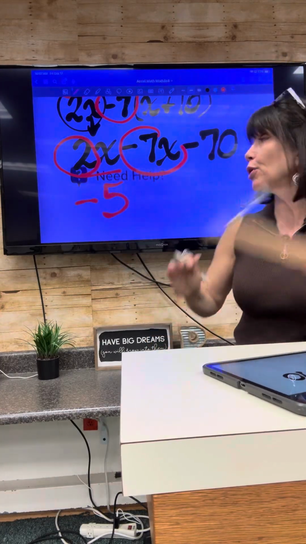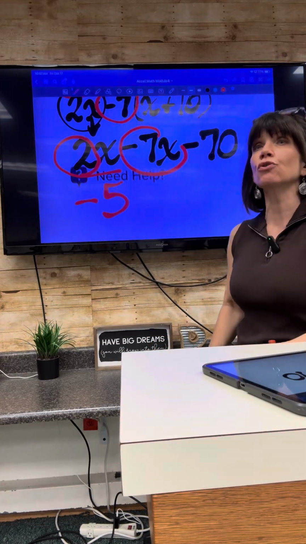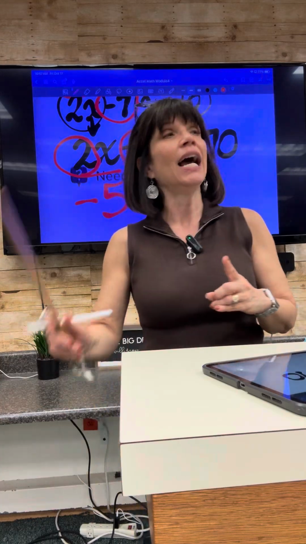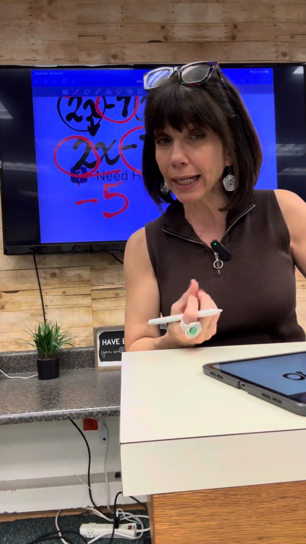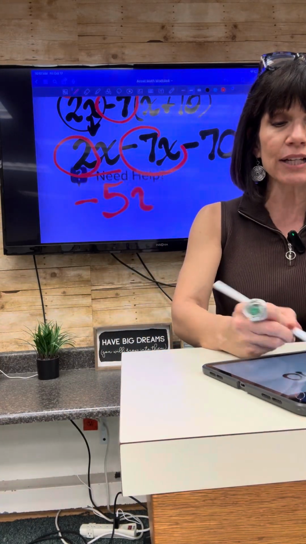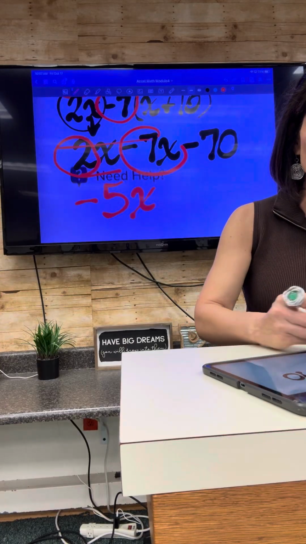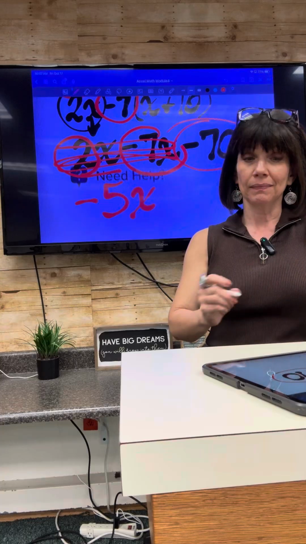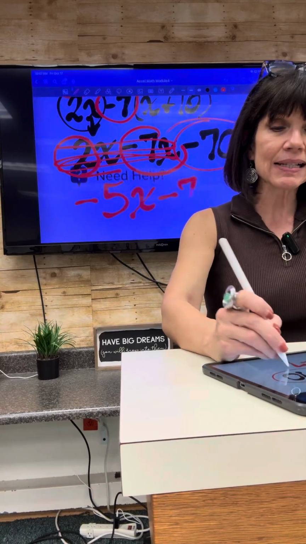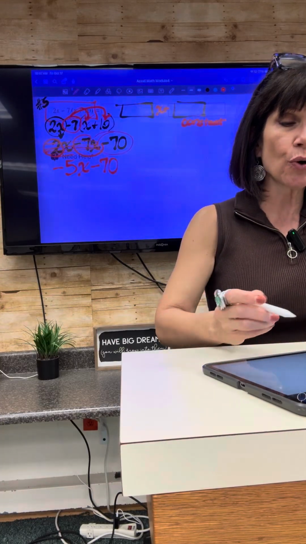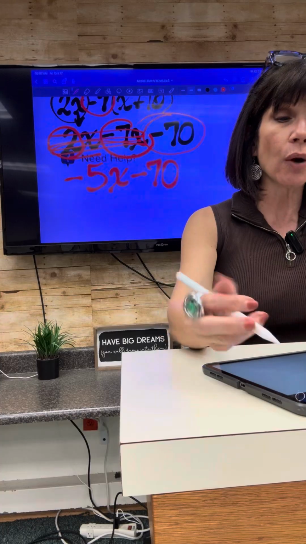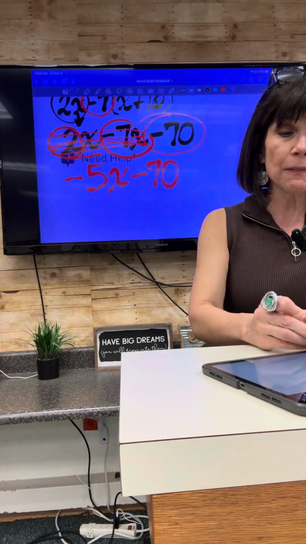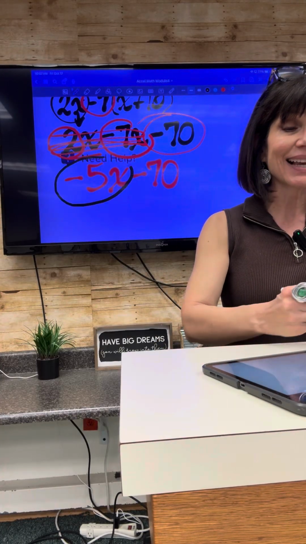Do I need to put the variable x here? Yes or no? Yes. I have seen some children who keep forgetting to then copy their x. Please don't forget that. Once you are finished with those x values, what shall you now copy? Minus 70.